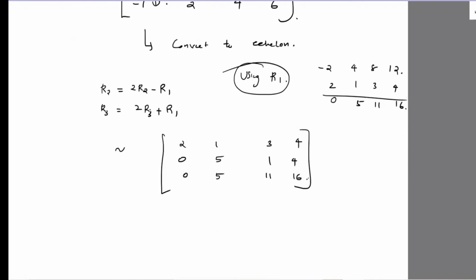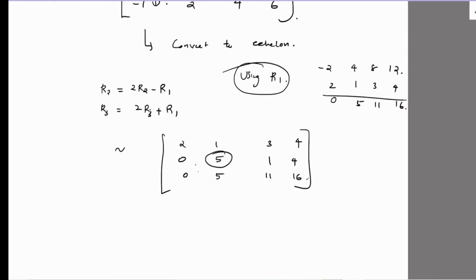So what is the next step? We are done with the first leading coefficient. We have made all the entries vertically down to the first leading coefficient 0. Now we move on to the next leading coefficient, which is 5.